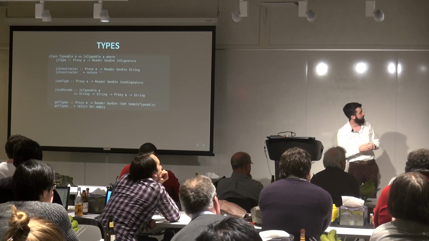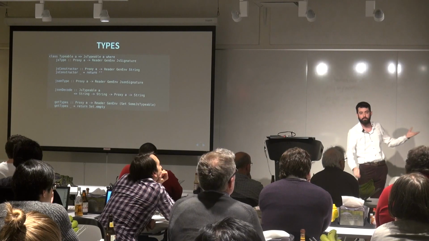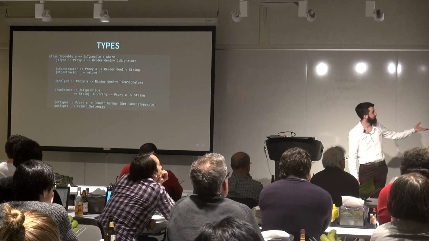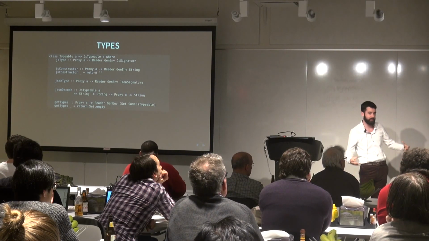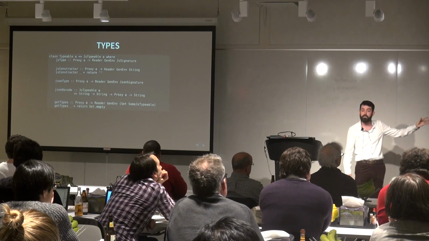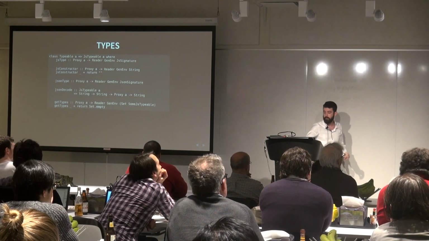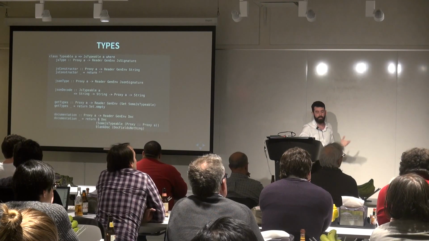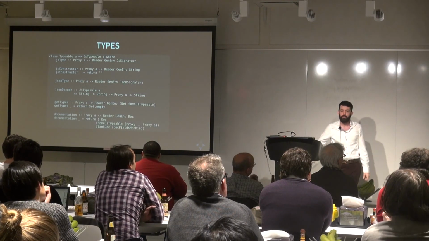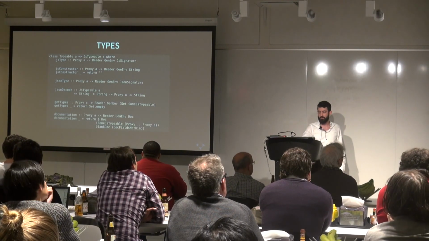So you can assume SomeJSTypable, we're going to go into this more later, is a representation of a type. And we are returning a set of types from this. And finally, how about some documentation? We can return documentation too.